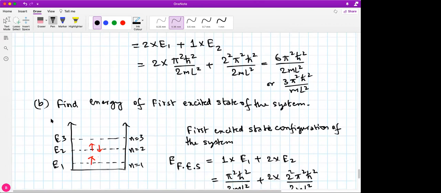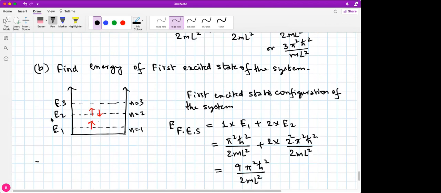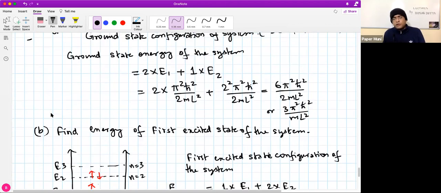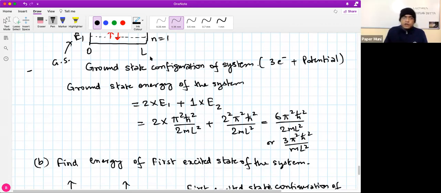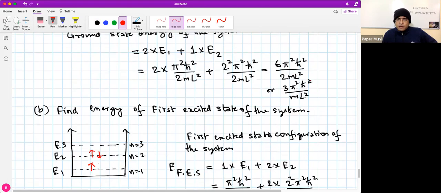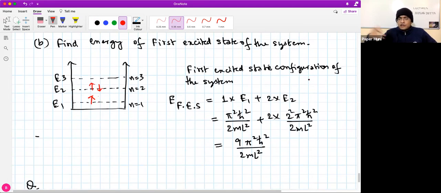No, see, there is a system in which we have the potential. The system is the electron and the potential. This is the system we are talking about. We are not just talking about the potential, the way we have talked about in the previous discussions. Now we have to take into account the electrons also. So in this case, what we needed is the higher energy, the next energy.